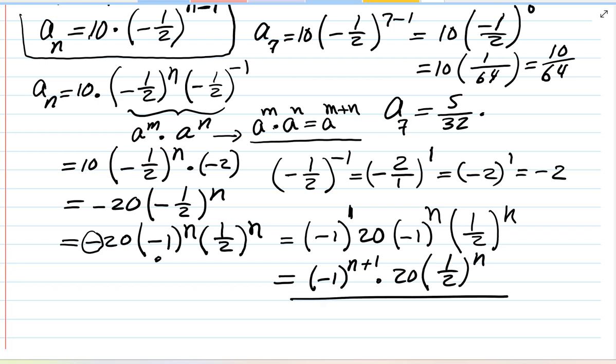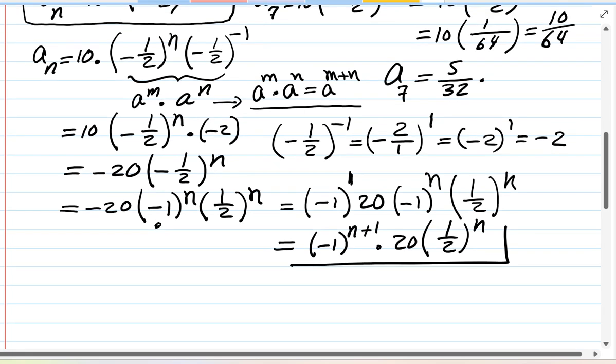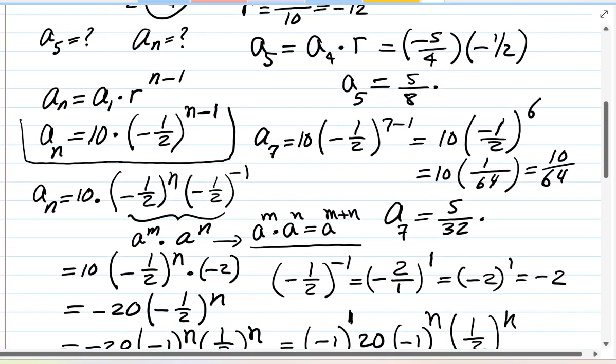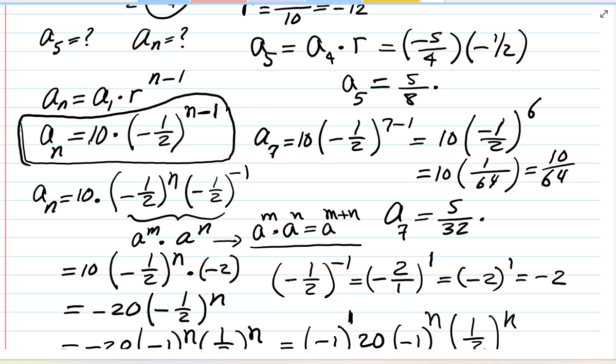So it is possible, my point is, to manipulate these nth terms, especially for geometric, to get to where we get this totally different expression. But again, in your book, I'm pretty sure they probably leave it in this form. And that would be good enough.